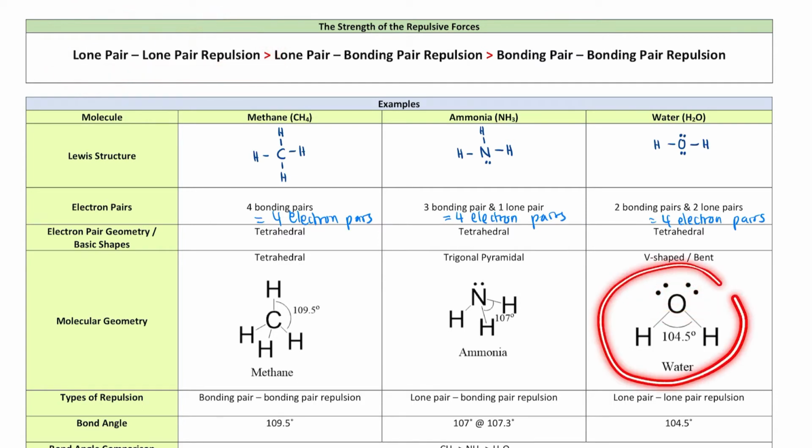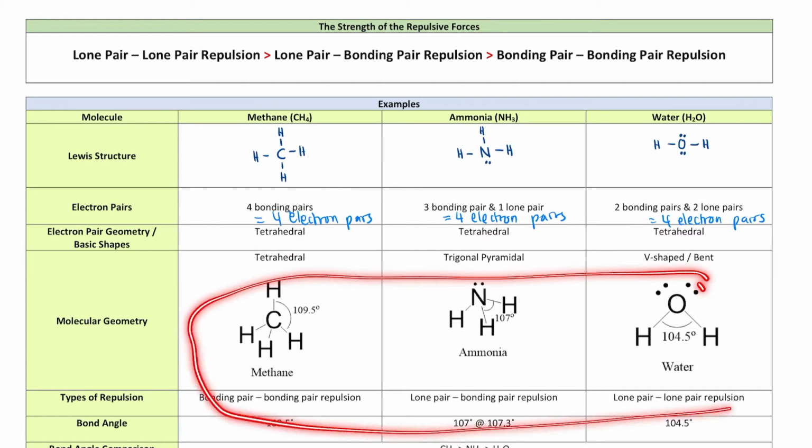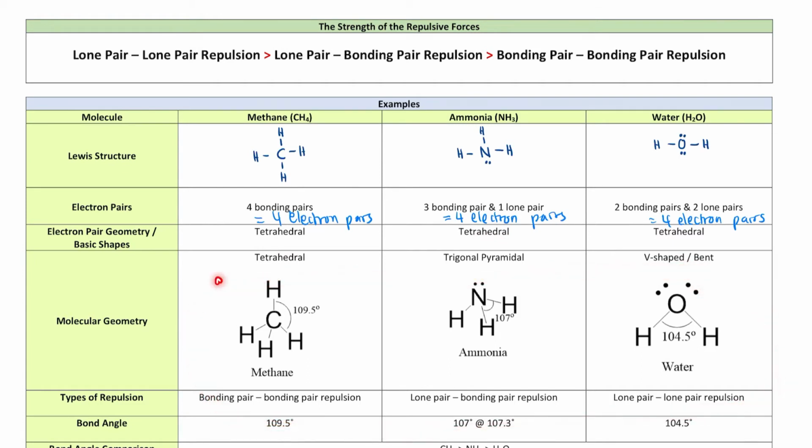Although here there are actually all three types of repulsion, because we have lone pair repulsion over here, and then we have lone pair bonding pair repulsion here, and we have bonding pair repulsion here. But the strongest one is lone pair repulsion. So why is the shape different although the total electron pair is the same? It is because of the type of repulsion that exists in this molecule.